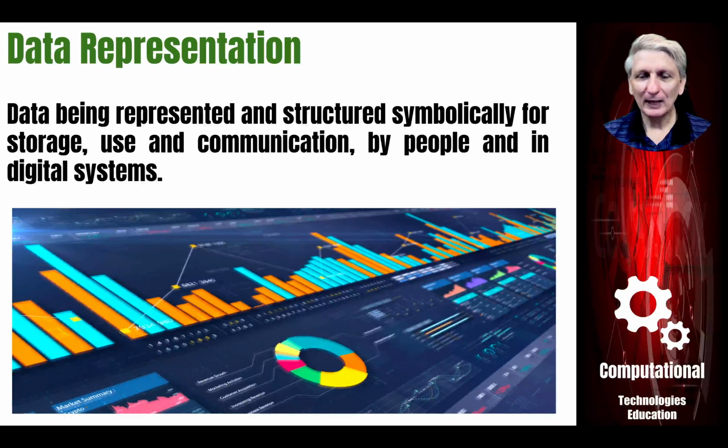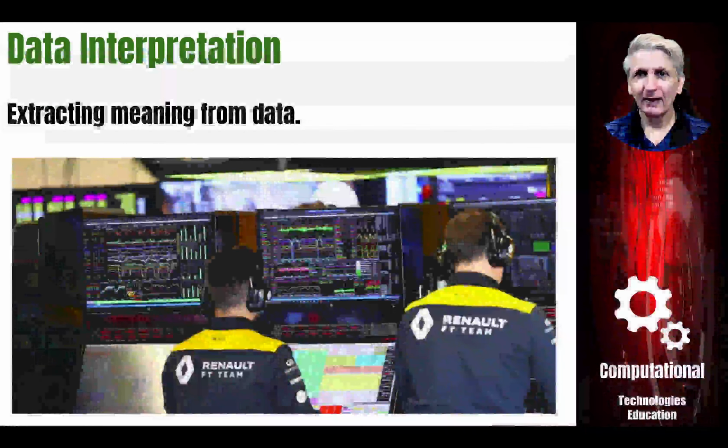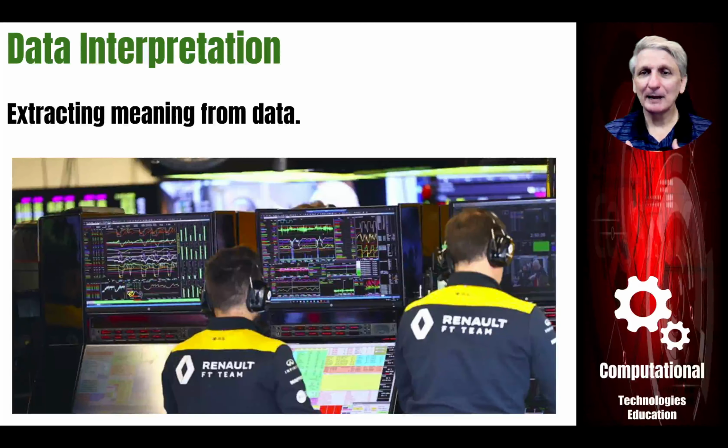But once we have the data represented, the next step is being able to interpret that data, to use that data to extract meaning. Now, in this image, they're taking data from racing cars.